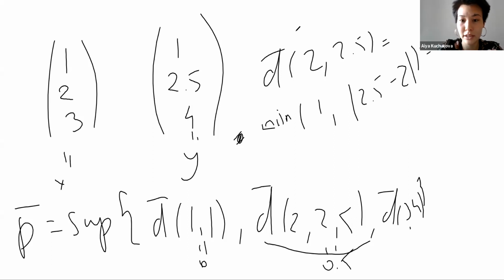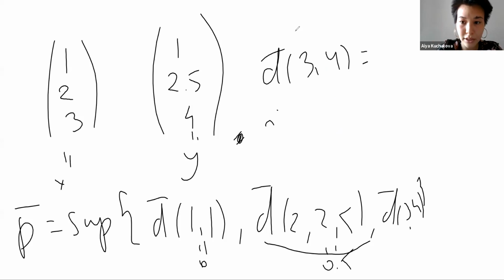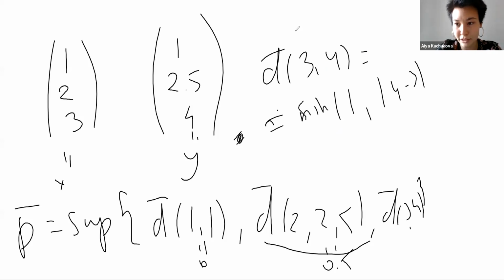And then we do d bar(3, 4), which is the minimum between 1 and 4 minus 3, which is just 1, right? So we take the supremum of 0, 0.5, and 1. And supremum, when we have finitely many things, is basically the maximum. So that would be equal to 1.